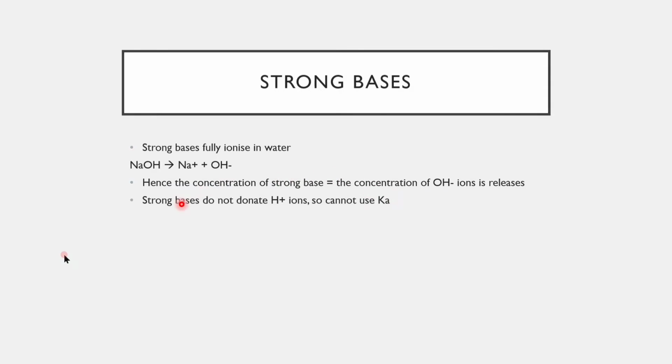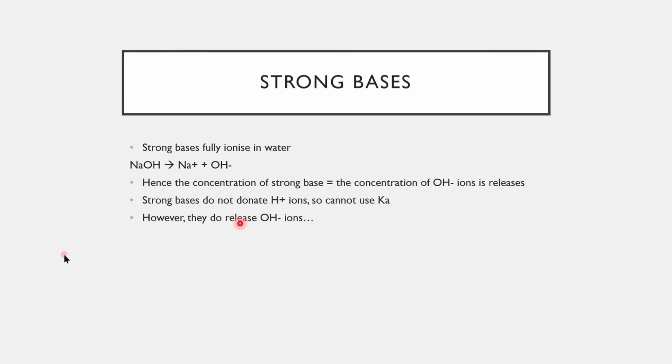However, strong bases, as we see in this equation up here, do not donate H plus ions, and so we cannot use a Ka equation like we did with water. This is because our strong bases cannot act as weak acids alone. So we cannot use a Ka.